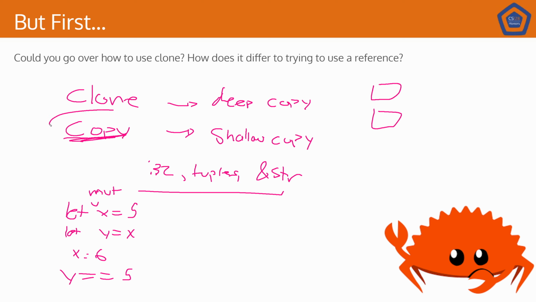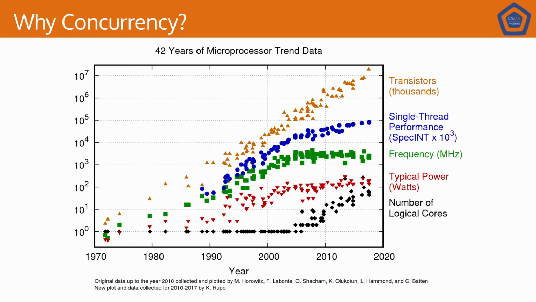And this is because it implements the Copy trait, and it knows, okay, you don't want y and x to point towards the same location. Rather, you want y to point to some new location that has the same data inside of it. And so then when we change x to say 6, y remains the same. Okay, not my best 6, but you get the idea. Again, go to the ownership lecture.